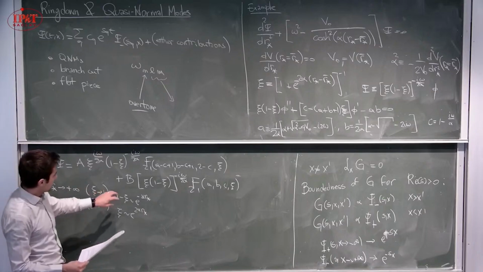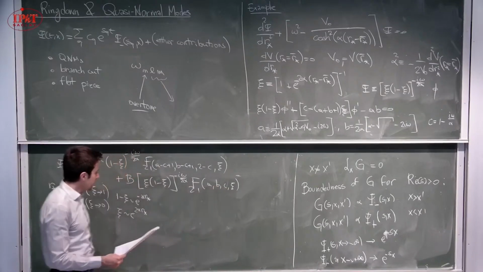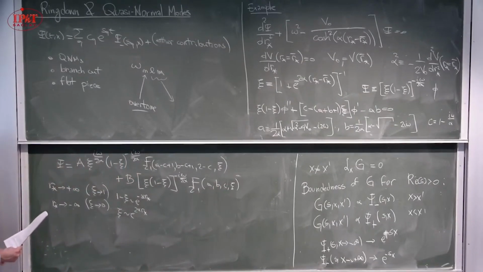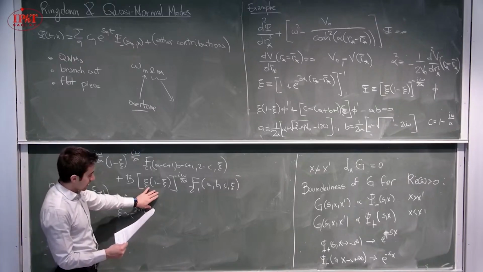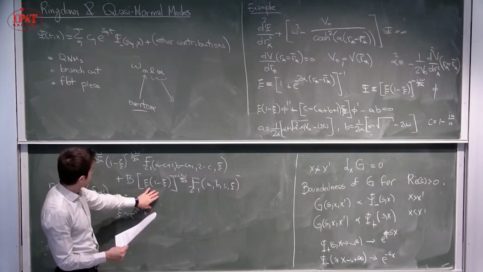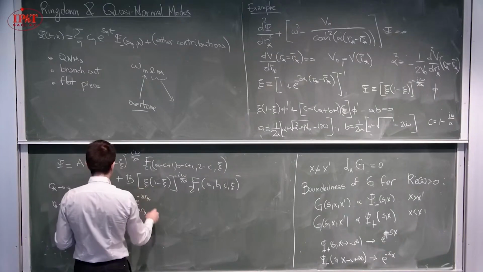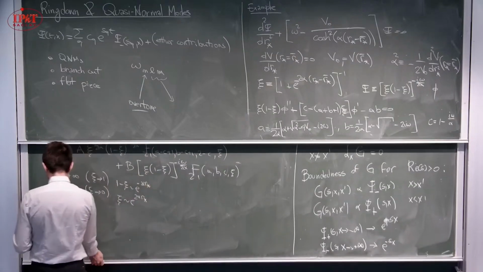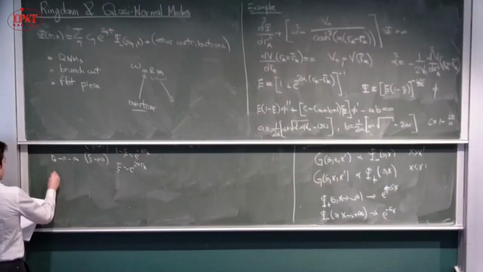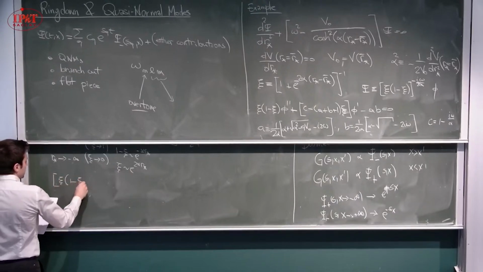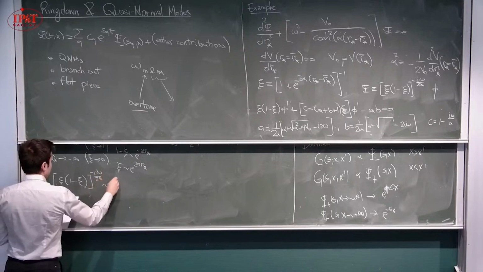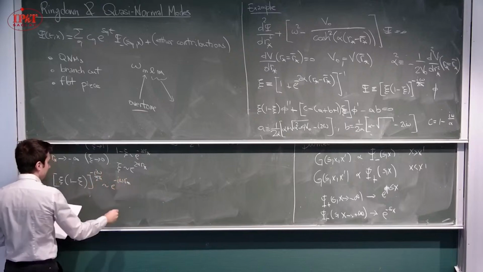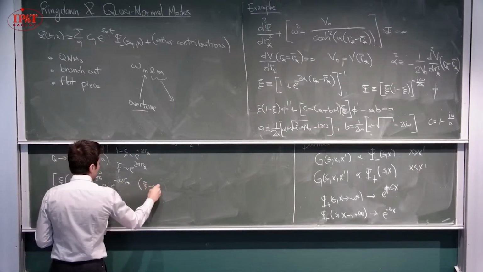So since this hypergeometric function at psi equals 0 is normalized to 1, and this factor here scales like e to the minus i omega r star, psi to the minus i omega alpha scales like e to the minus i omega r star as psi goes to 0.